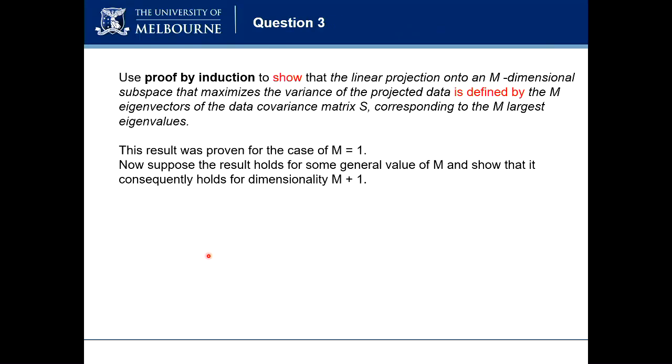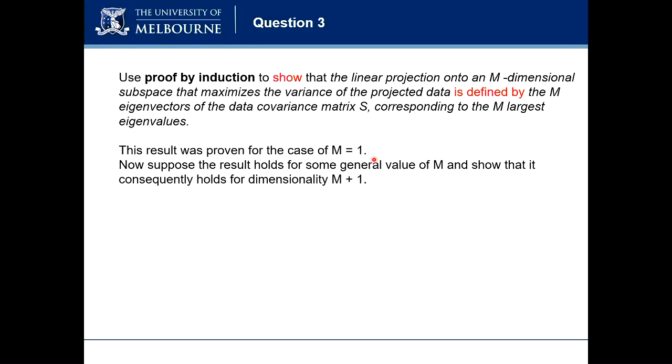This question allows us to go through a little bit of proof by induction to show that the linear projection onto an m-dimensional subspace that maximizes the variance of the projected data is defined by the m eigenvectors of the data covariance matrix corresponding to the m largest eigenvalues.